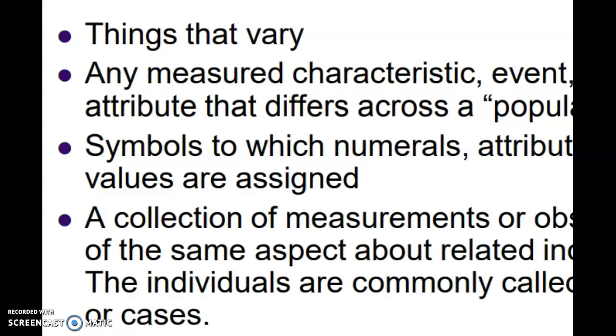A variable is also a collection of measurements or observations of the same aspect about related individuals, and these individuals are called either subjects or cases. Just like the example that I gave, if we measure the heights of several individuals, we could use that as a variable.